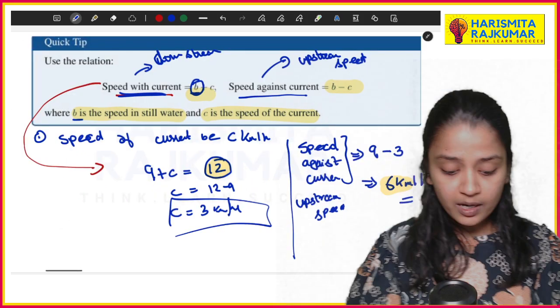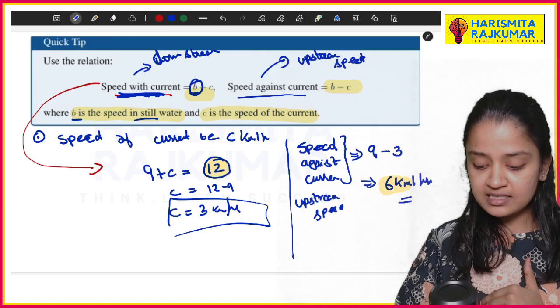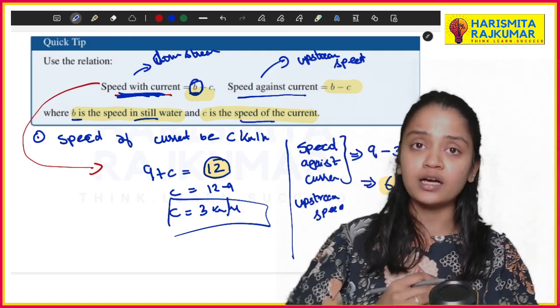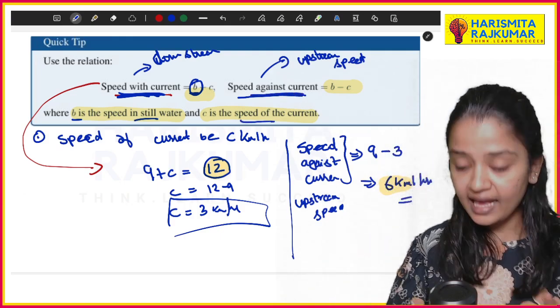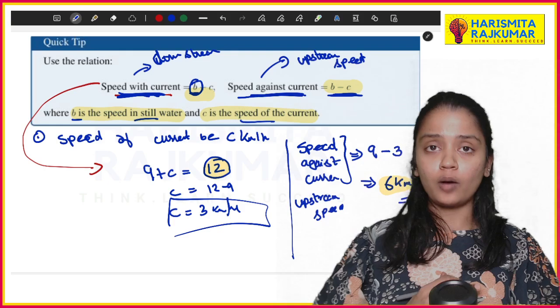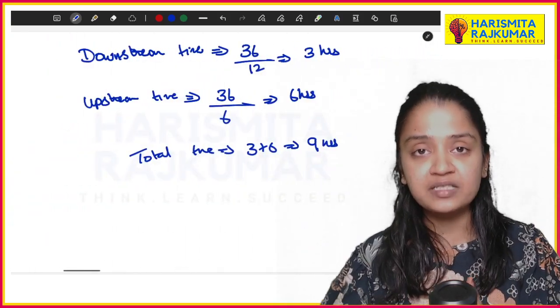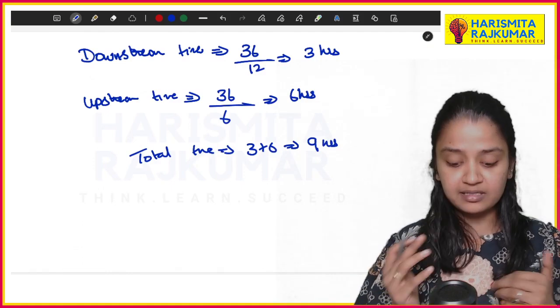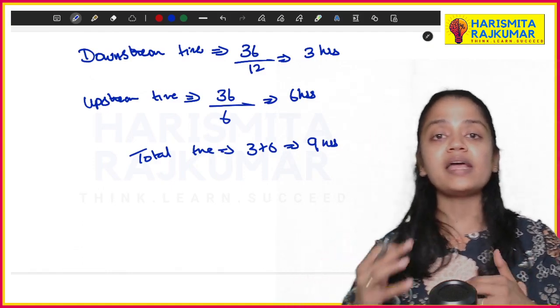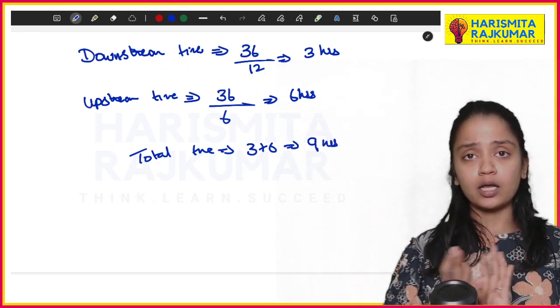Speed with the current is the downstream, which is speed in still water plus speed of the current. And speed against the current is upstream. So this will be your formula. To find the upstream time, upstream kilometer by upstream speed. Downstream time is nothing but downstream kilometer by downstream speed.